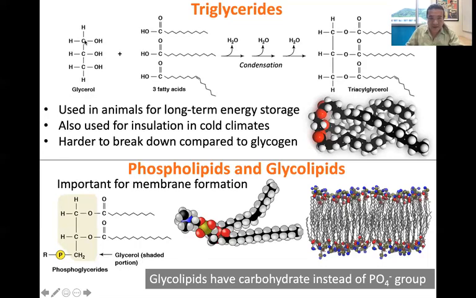So glycerol is 3 carbons with hydroxyl groups on them. And so this is no longer a simple hydrocarbon, because a simple hydrocarbon would just be C's and H's, and you have oxygens in here. This is not a sugar, because if you counted up all the H's and oxygens and carbons, it wouldn't be 1 molecule of H2O for every molecule of carbon.